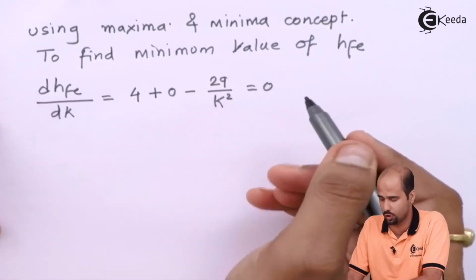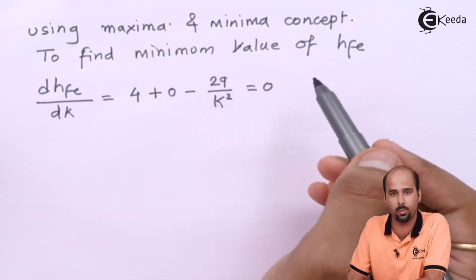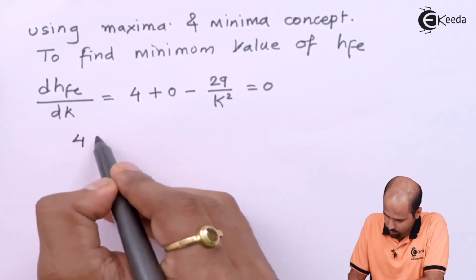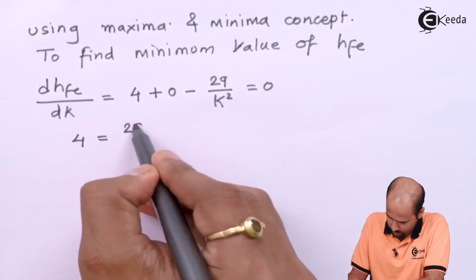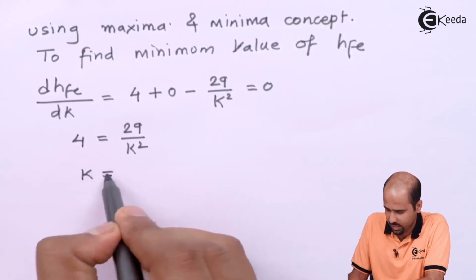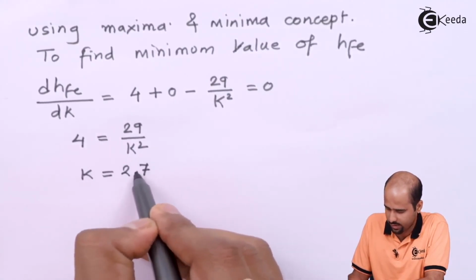The first derivative should be equal to 0 as far as the maxima minima concept is considered. So 4 is equal to 29 divided by K square, and this is how we get K is equal to 2.7.